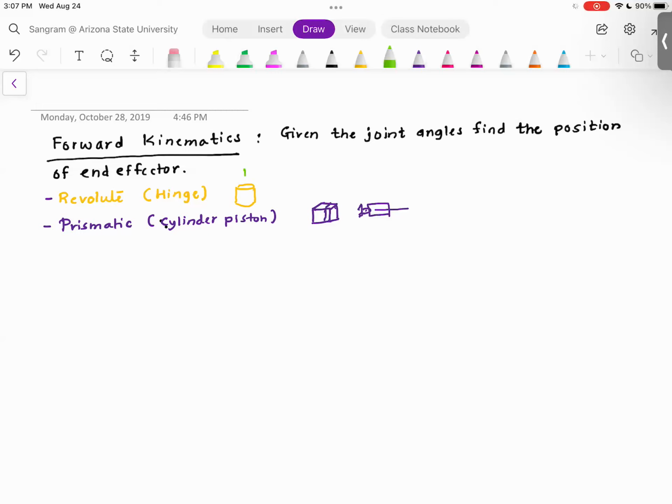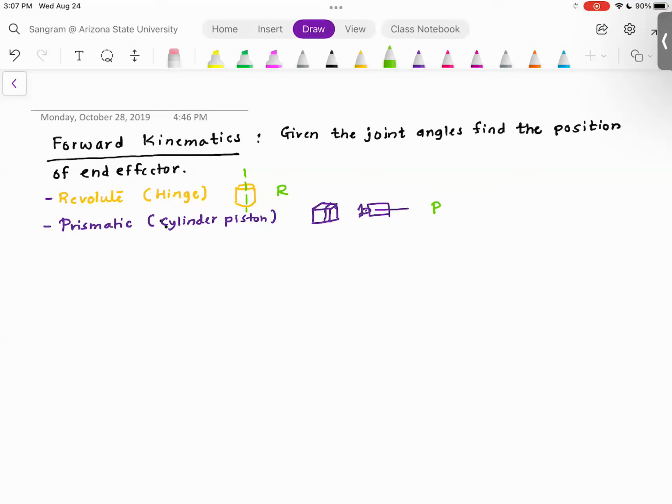Now this revolute joint has an axis of revolution. So this is also called R and this is called P. That is how the robots are denoted. So if you have one revolute joint and one prismatic joint, that robot is RP. If you have two revolute joints, then it would be RR. If you have three revolute joints, it will be RRR.